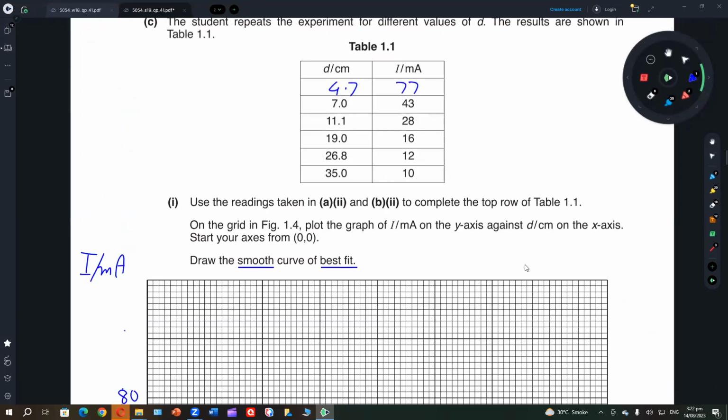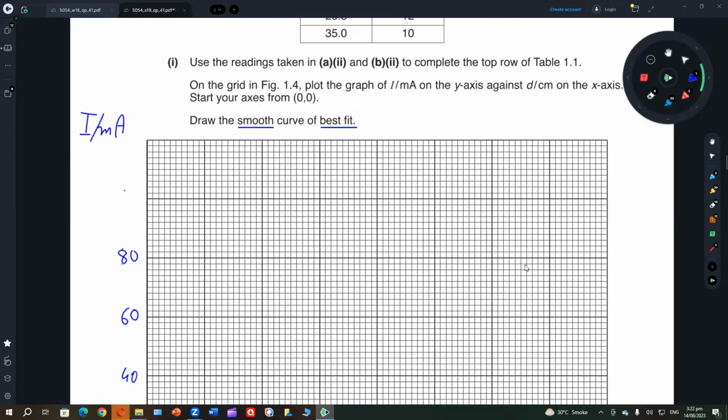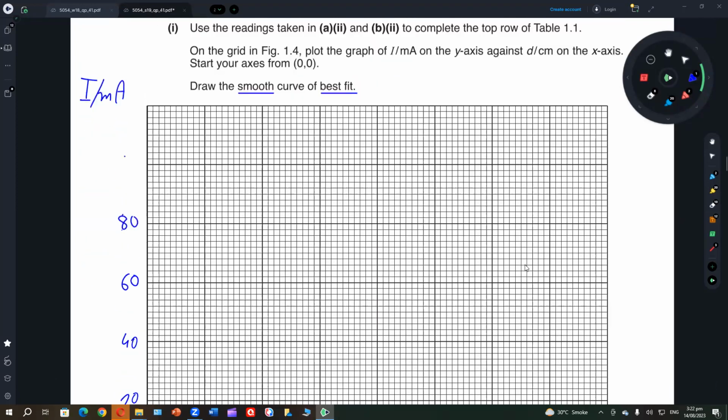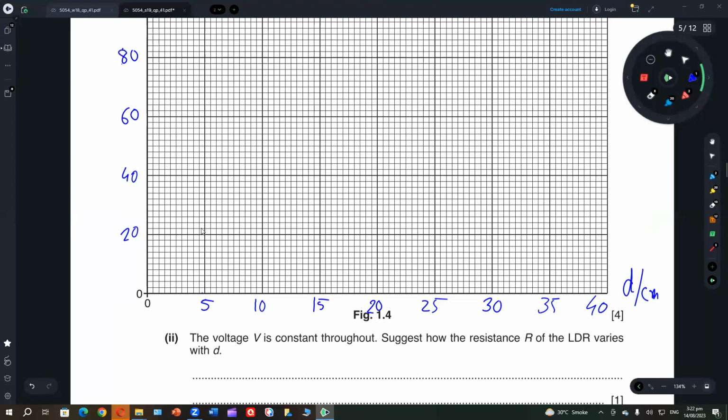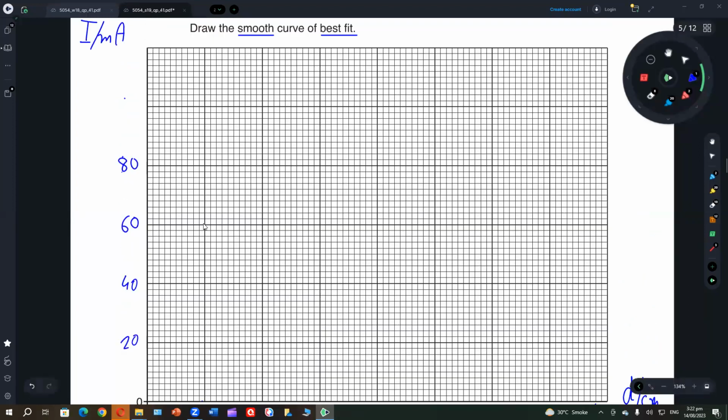So now first, if I start at 4.7 and 77: 1, 2, 3, 4, 4.5, and I can go to 77. Now this is 60.